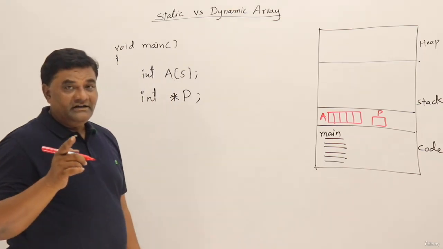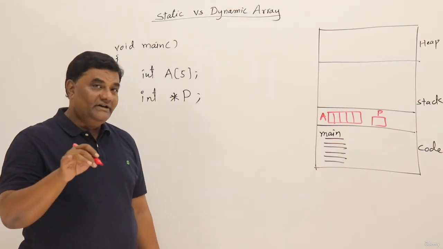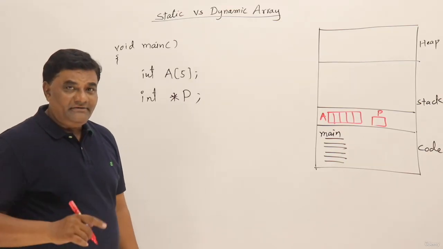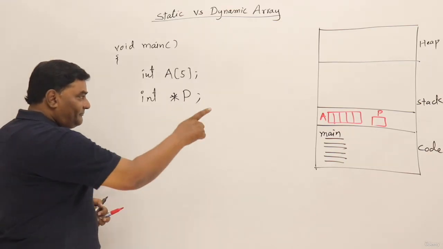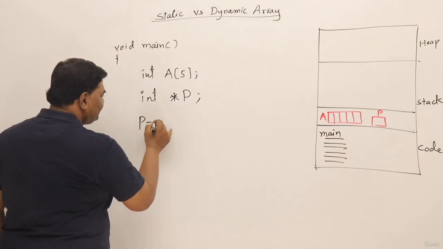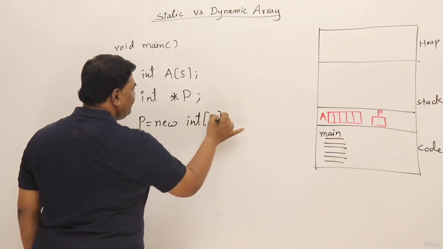Now remember, in any language, when you declare a variable, the memory for that variable will go inside the stack only. Then when will it be allocated in heap, let us see. Now that pointer, I will use it for creating memory in heap. So I should say P assign new int of size 5.